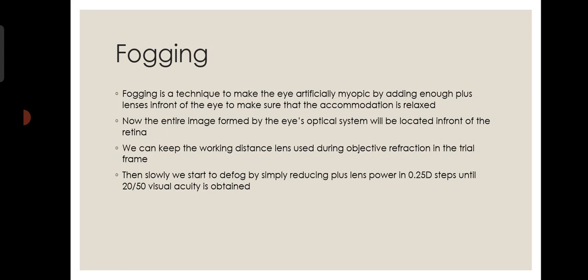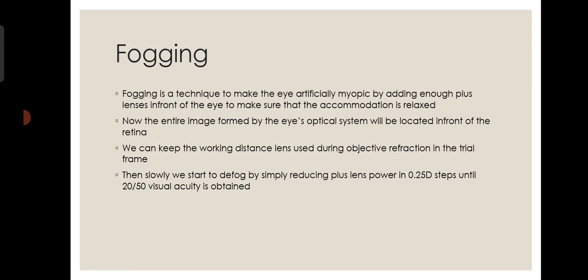Now we will start defogging slowly. We kept the working distance lens plus 1.5 in front of the right eye. The left eye is covered. We are doing the subjective refraction from the right eye. Now slowly reduce the plus 1.5 fogging lens in 0.25 diopter steps till the patient is reading 20 by 50.